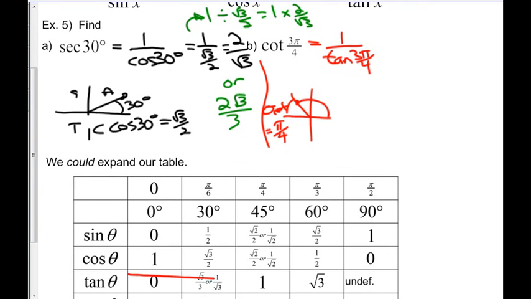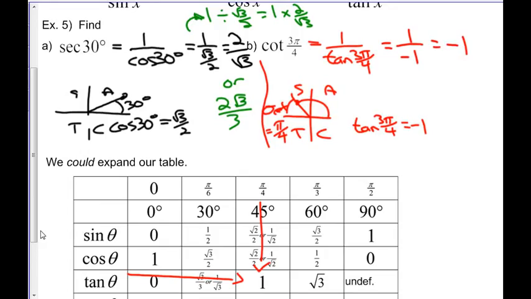The tangent of pi over 4 is 1. And since we're in quadrant 2, it's going to be a negative 1. So tan of 3 pi over 4 equals negative 1. Cotangent of 3 pi over 4 is going to be 1 over negative 1. Or it's also coincidentally going to be negative 1.